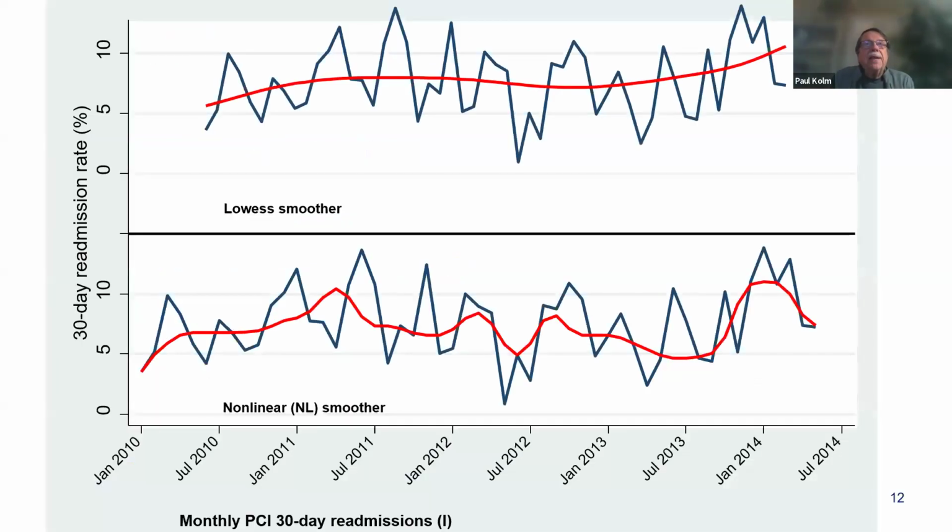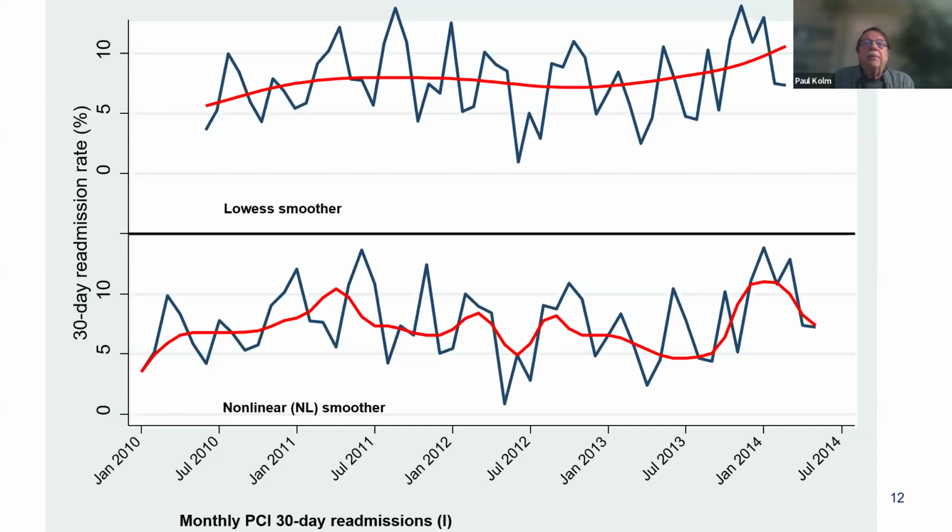Here are a couple of examples from 30-day readmission rates. The top one is what we call a LOWESS, or a locally weighted least squares regression smoother. The lower one is a nonlinear smoother.